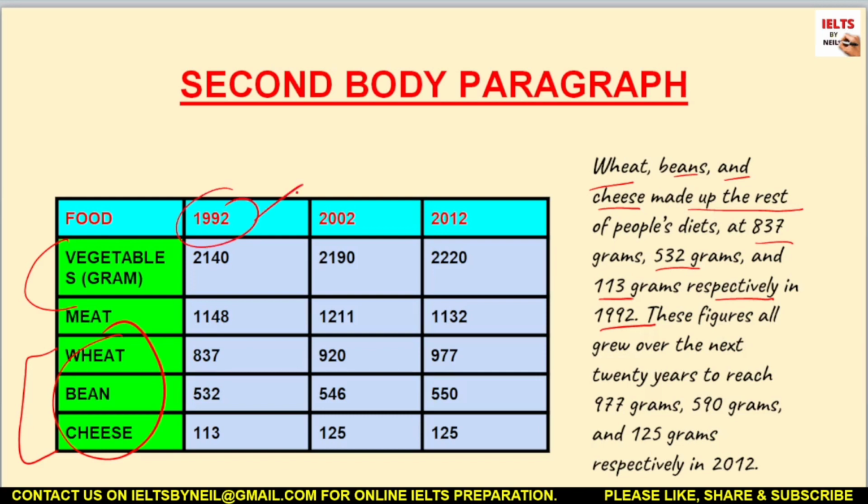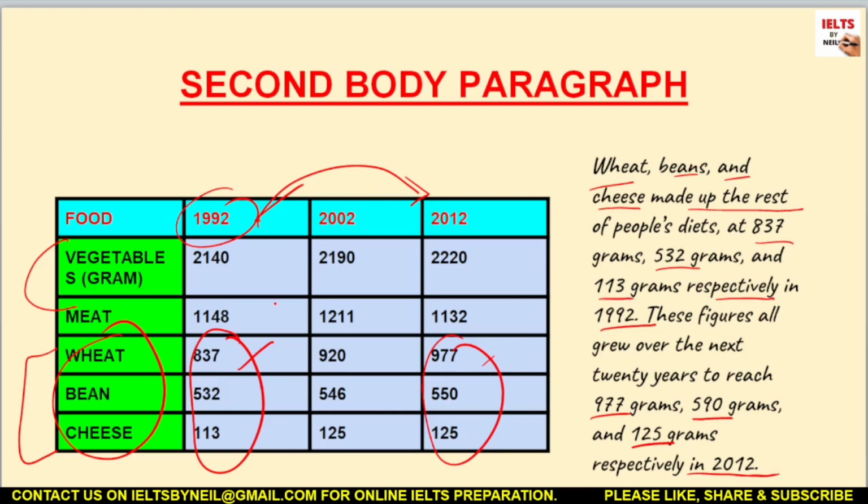So we have talked about 1992, and these three values are covered. These figures all grew over the next 20 years, so we're jumping straight to here, to reach 977, 590, and 125 respectively in 2012.